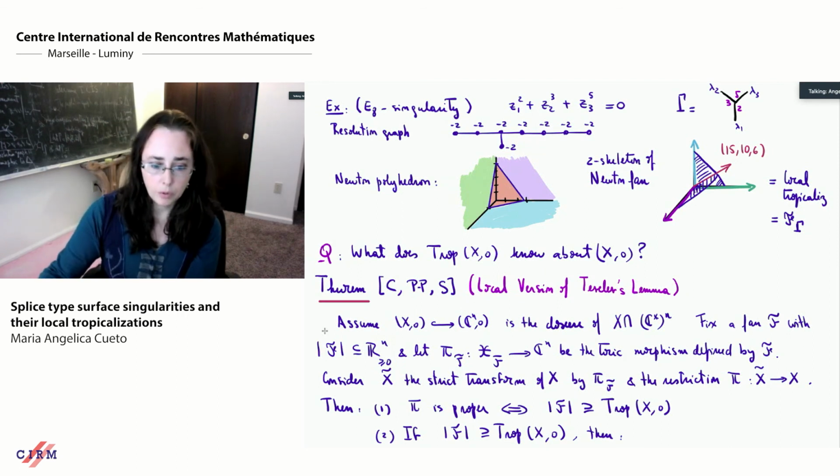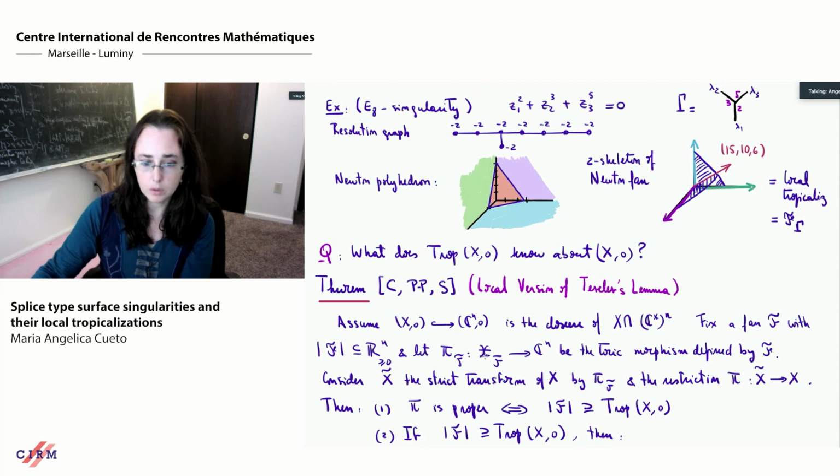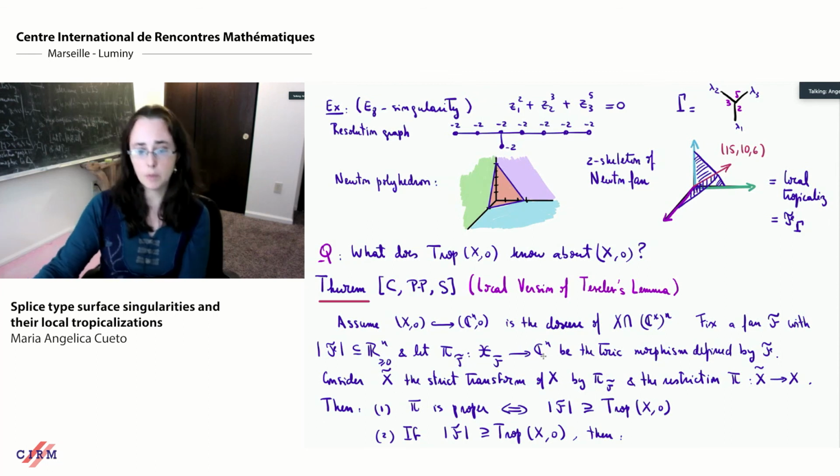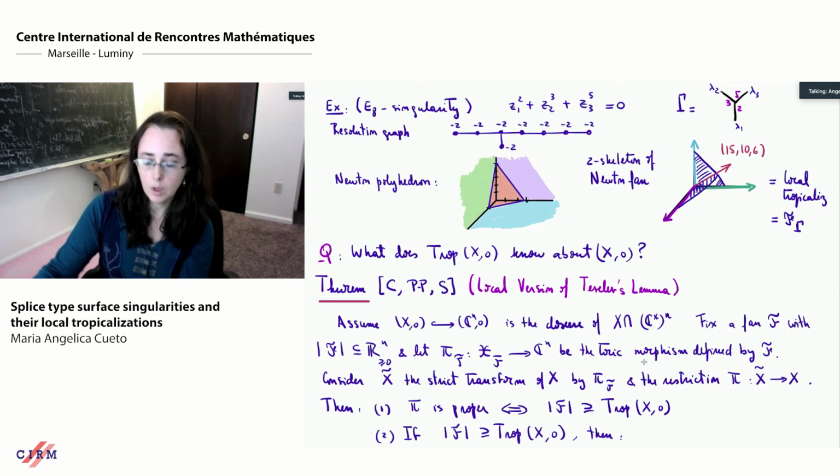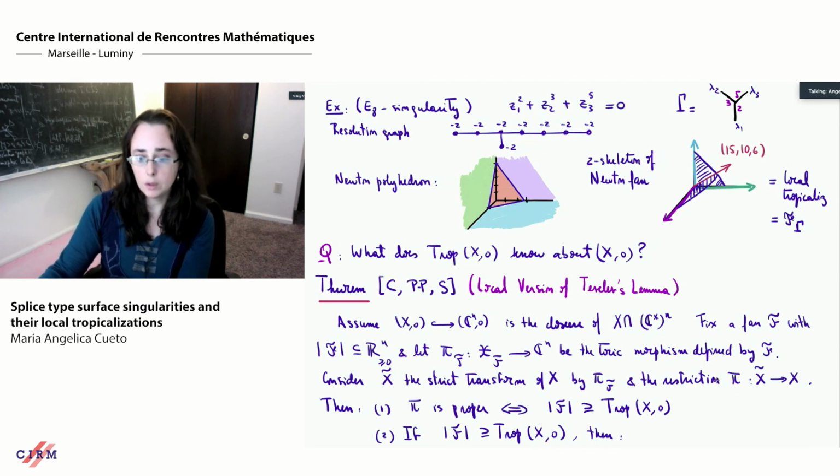And so you have a toric variety associated to a fan, and then you have the associated toric morphism defined by this fan. You consider the strict transform of your germ and the restriction of the corresponding toric morphism. Then your restriction map is proper if and only if the support of your fan contains the support of the tropicalization.